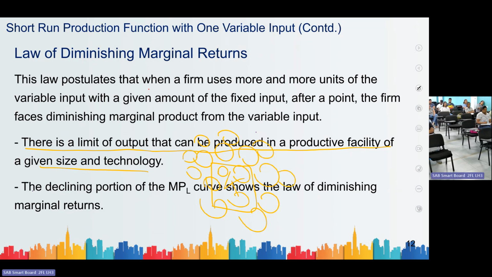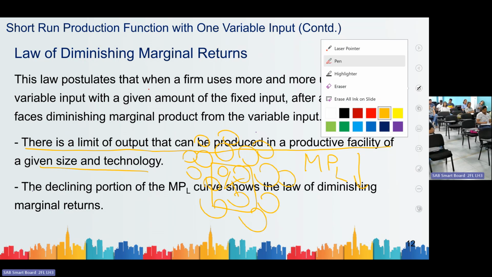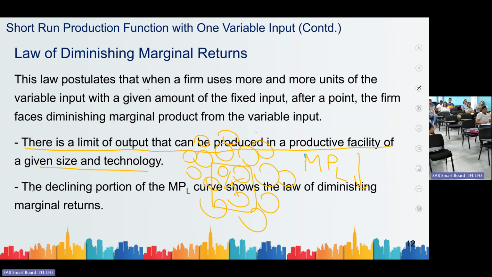So there may be some disturbances by one person to others' work. As a result, the marginal product of labor declines. That is what we say by the law of diminishing marginal return.